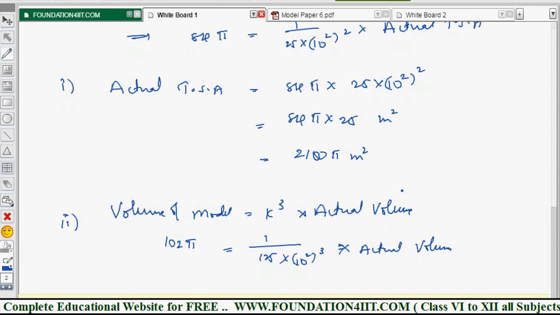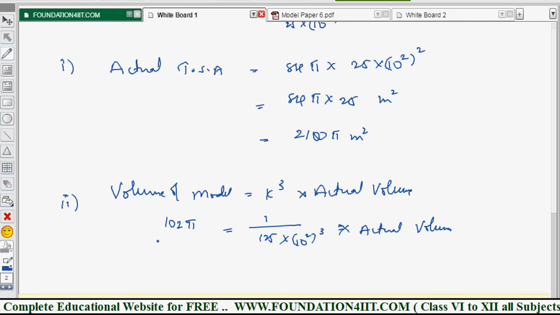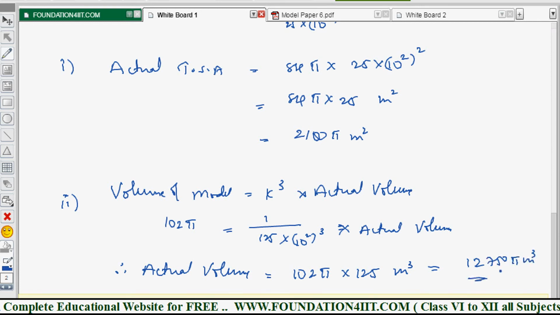Now by simplifying this we will get the actual volume. Take all this to one side and simplify. So 102 pi into 125. If we remove the units, because 10 power 2 into whole cube, finally by multiplying, 12,750 pi cubic meters is the actual volume.